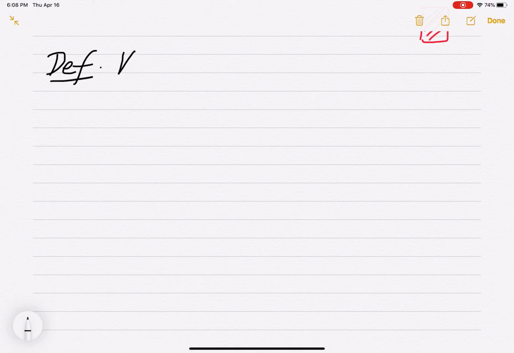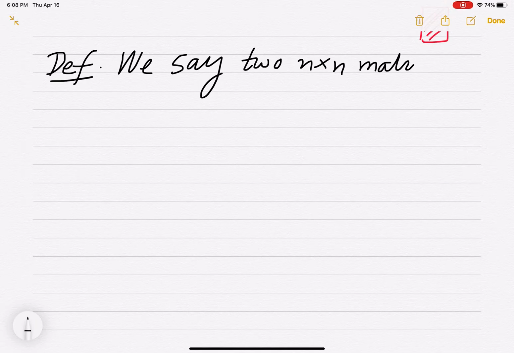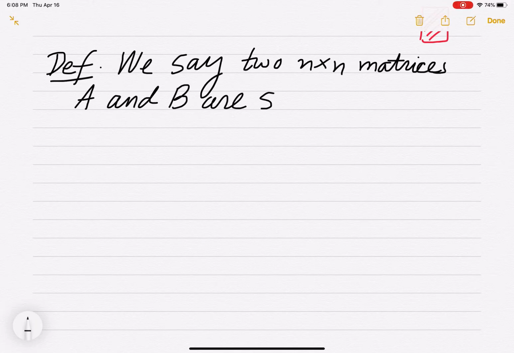We say two square matrices, n by n matrices, A and B, are similar. That's what we're defining. Two matrices are similar, provided the following happens.